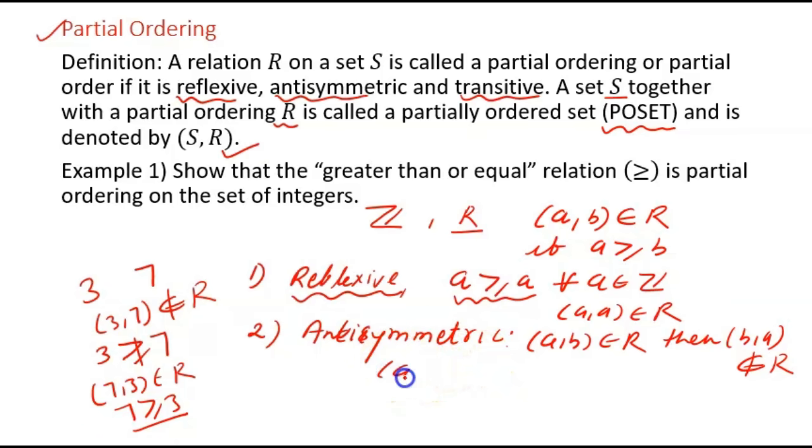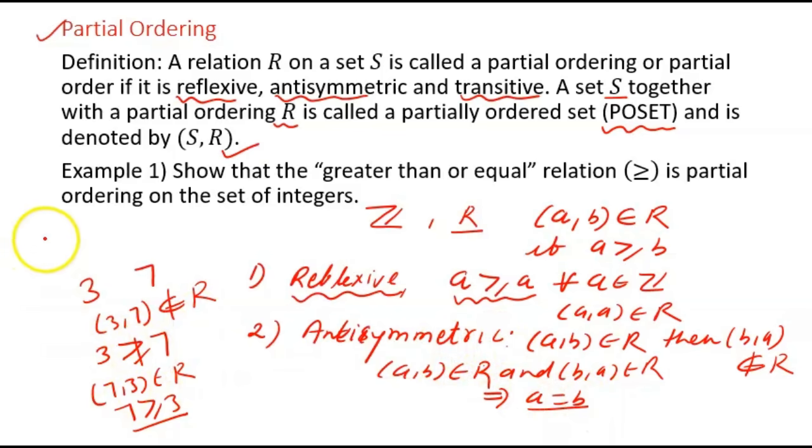So suppose A comma B belongs to R and B comma A also belongs to R, then in that case A and B will be equal. So this relation is certainly antisymmetric. I hope you are clear about this idea that if A is greater than or equal to B and B is also greater than or equal to A, that will be possible only when both A and B are equal.